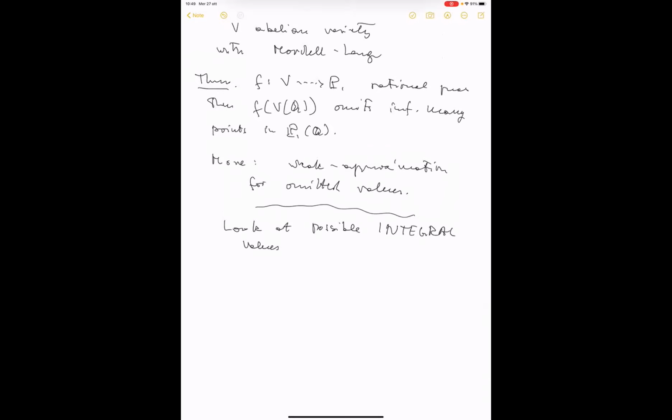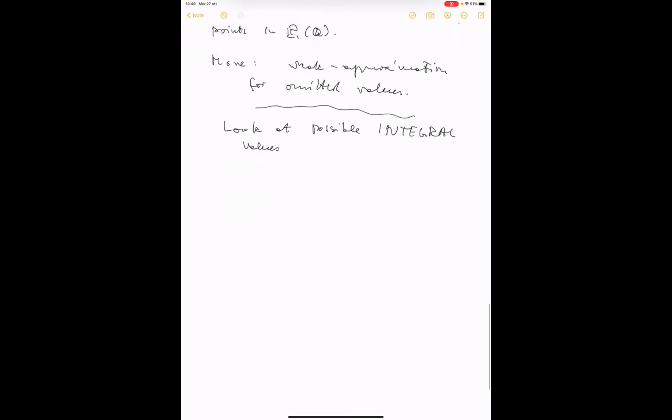So let us see what we can say about integer values.